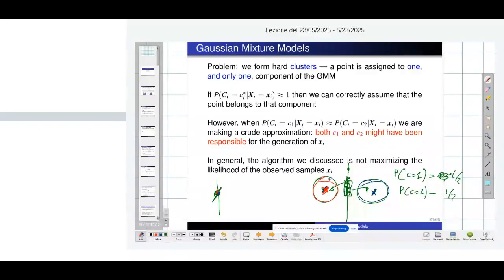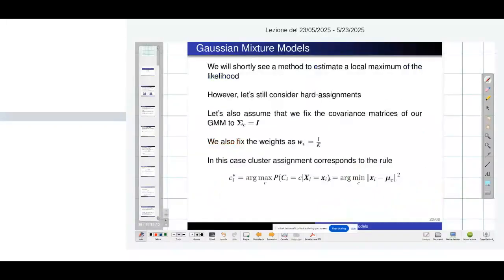Now you may wonder how I can assign half a point. We'll see that in a moment. Before we see that, however, let's still stick with the procedure that we have seen up to now. The procedure was: we have some points, we have an initial set of components, then we assign each point to one component, and then we re-estimate the parameters of the Gaussians.